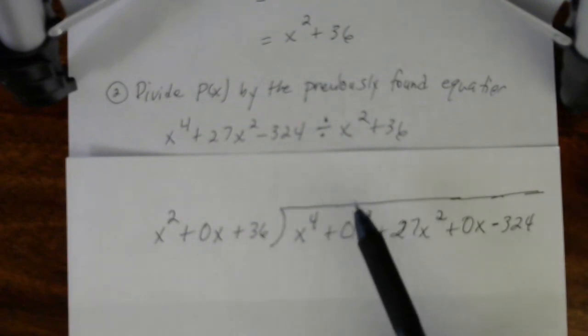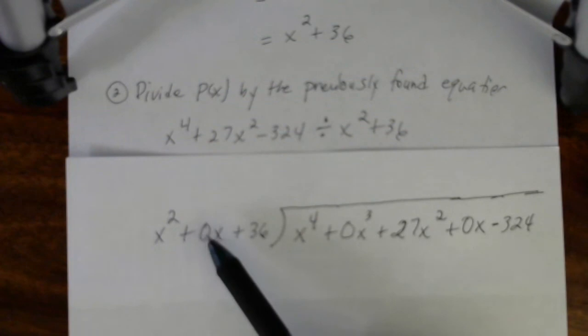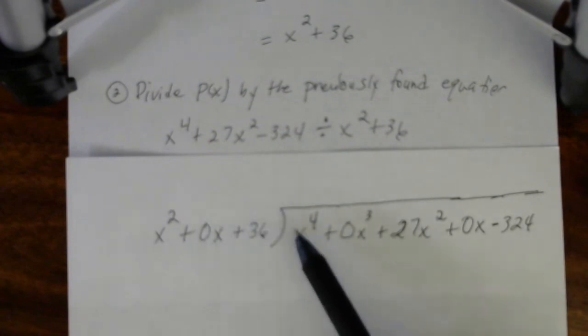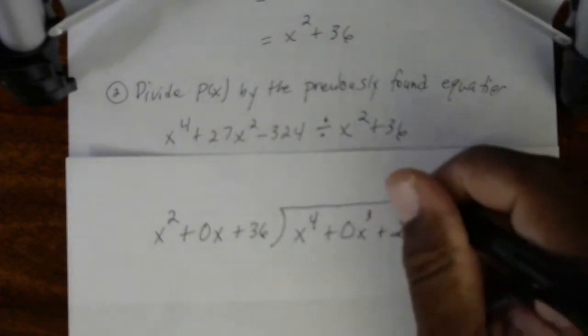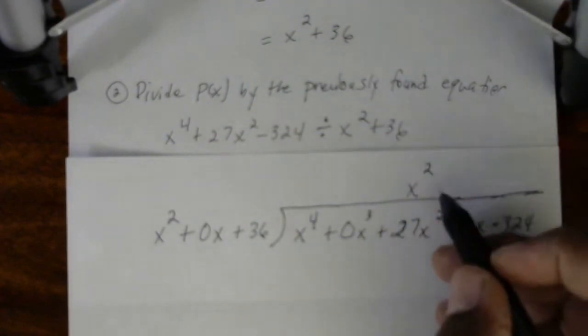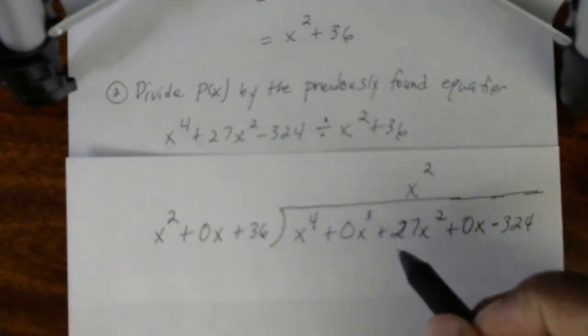Where will I place my x squared? Well, since I have 3 terms in my divisor, I want to place the x squared above the third term in my dividend. Reason being is because I have to distribute. When I distribute, it's going to give me 3 terms.